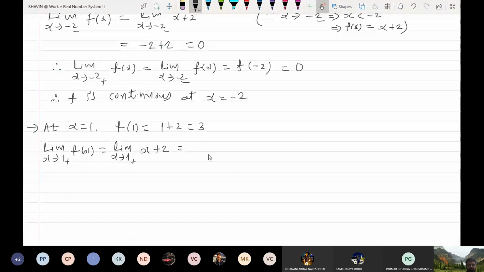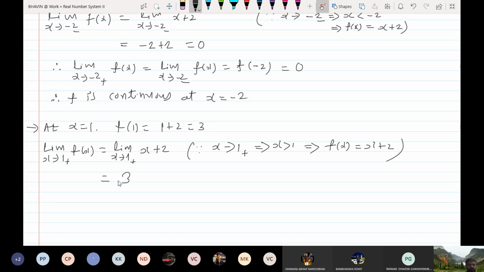The reason is this: x tends to 1 plus implies x is greater than 1, implies f(x) is given by x plus 2. So if you take x equal to 1 in this expression, you will get 2 plus 1, that is 3. Now look at this, 3 and 3 are same.